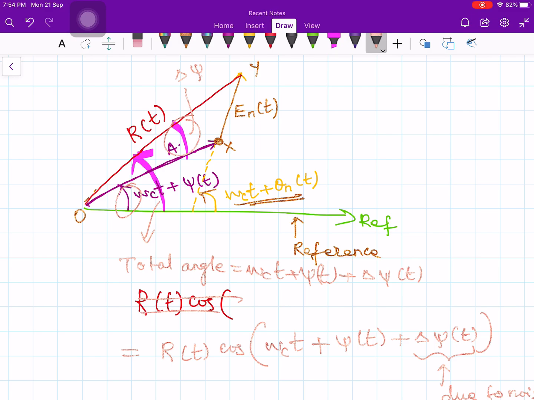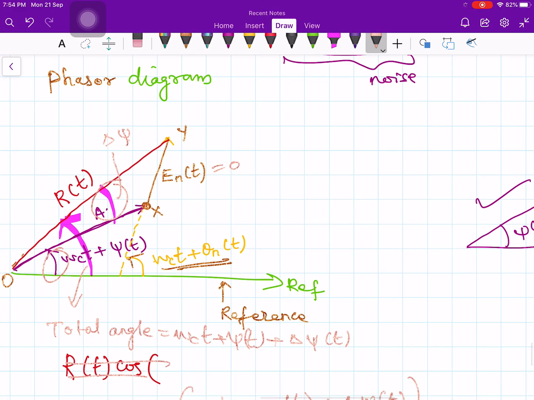In case if En of t is equal to 0, then what would have happened? So you have the reference signal, this is my A and this is my En of t. If this En of t is not there, then this is my amplitude, the same as your r of t, and in this case what is your delta psi of t?